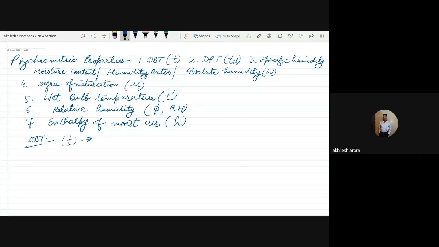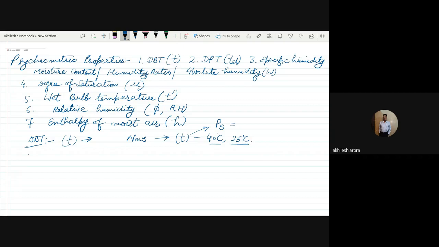And in the news, every day you are listening to the news, the temperature which they are telling is nothing but the dry bulb temperature. They say the maximum temperature is, let us say, 40 degree, minimum temperature is suppose 25 degree. So they are talking about the dry bulb temperature of the air. Then comes the dew point temperature. One more thing, corresponding to this dry bulb temperature, we have a pressure which we represent by PS.